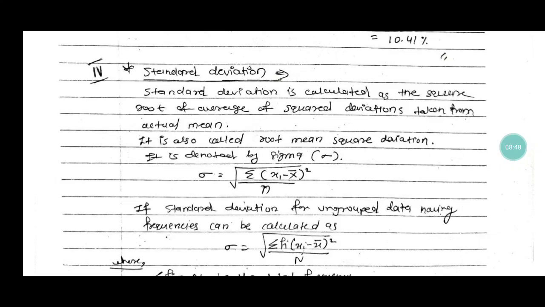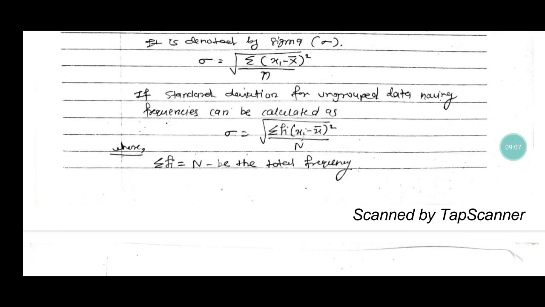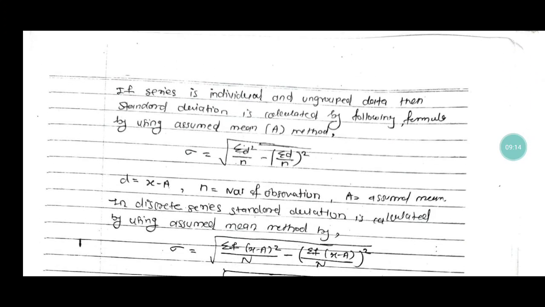If the data are ungrouped with frequencies, the standard deviation can be calculated as sigma is equal to the square root of summation f (x minus x bar) whole square divided by n, where summation f i equals n, the total frequency. And if the series is individual and ungrouped, then the standard deviation is calculated by the following formula.